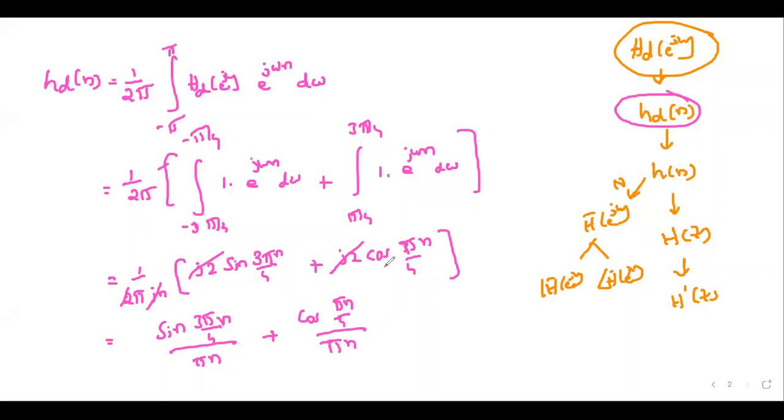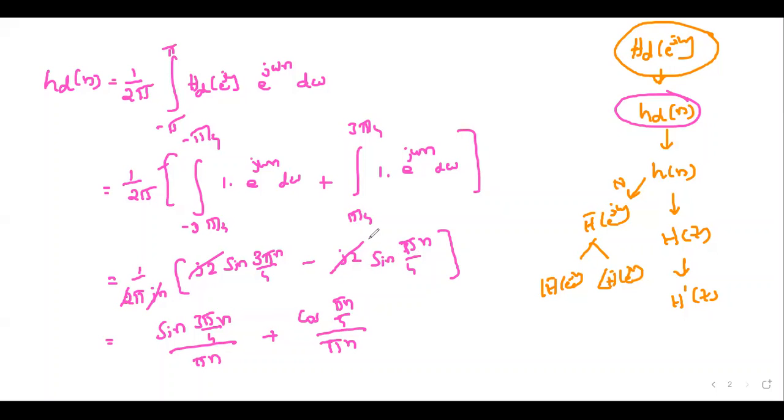Same, sir. e power j theta plus minus j2 sin pi by 4n. Correct. Here it is sine, right? Yes, sir, here it is minus.